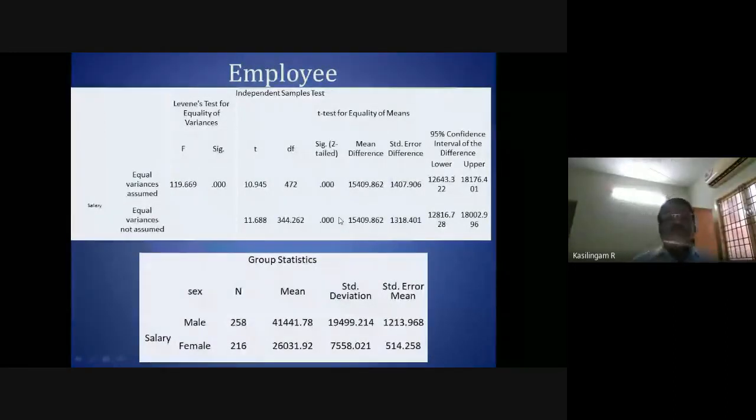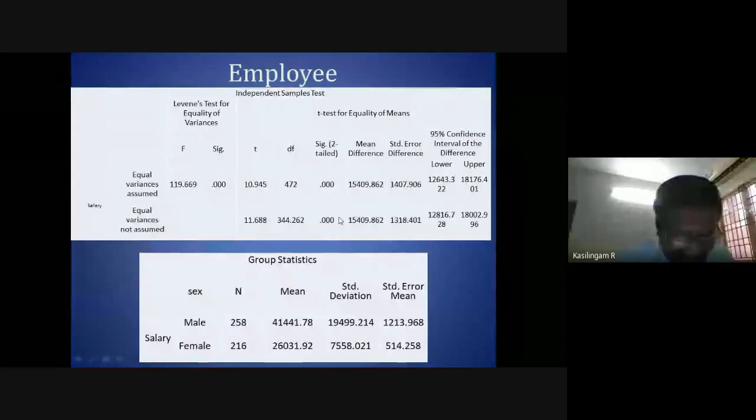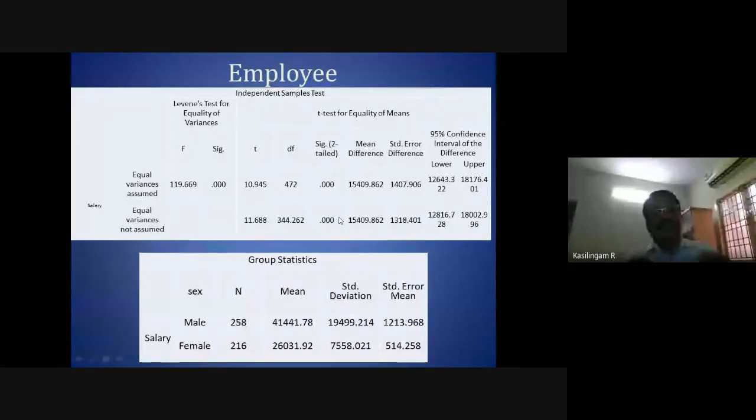Now, what I am going to tell is, I am not going to look at the significance value. I am going to look at the t value. I know that at 0.05, my t value is 1.96. If my t value is more than 1.96, then I will say the null hypothesis is rejected, there is a difference.